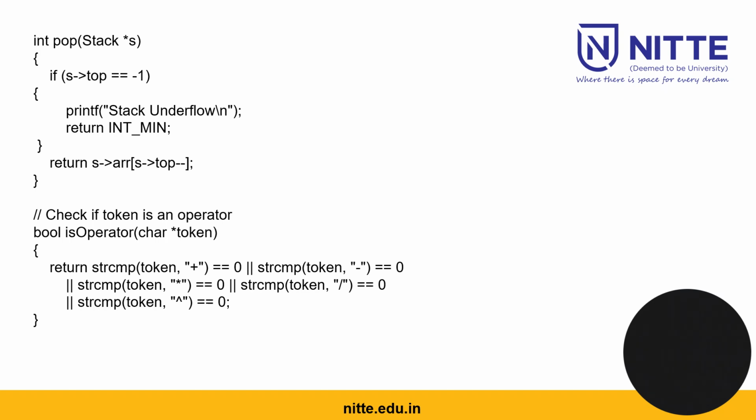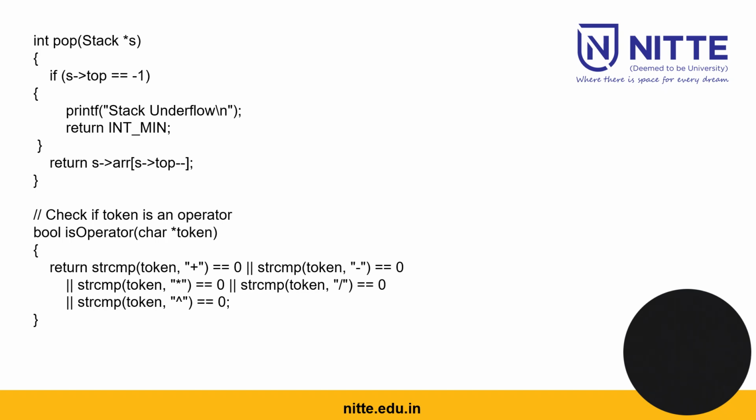So we will use a function called isOperator, which is of type bool, and we will give it this token, to check whether the token is an operator or not.